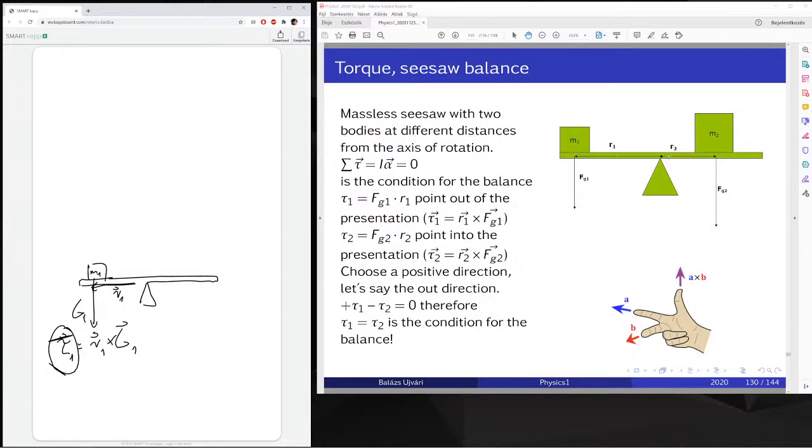Is it in the plane of the table of your screen? If yes, why? If not, why? So, what is the direction of tau 1? And then think about what is the direction of tau 2, torque 2, which is R2 times G2 vectors.